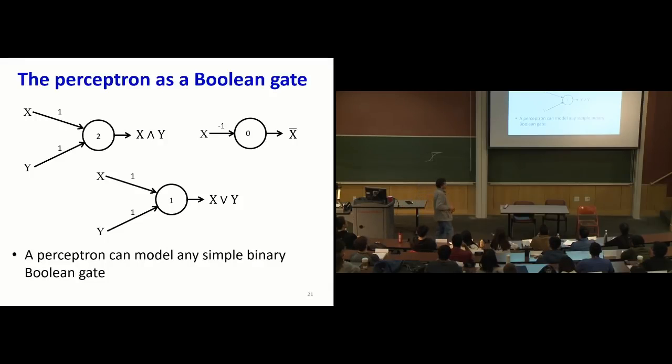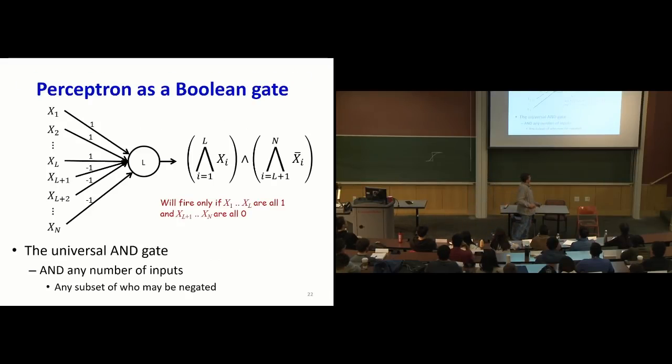So clearly, this perceptron can model any simple binary Boolean gate. In fact, it's much more powerful than that. Here, for example, it's a universal AND gate. I can say, for instance, that I want this perceptron to fire only if x1 through xL are all 1 and the remaining inputs are all 0.